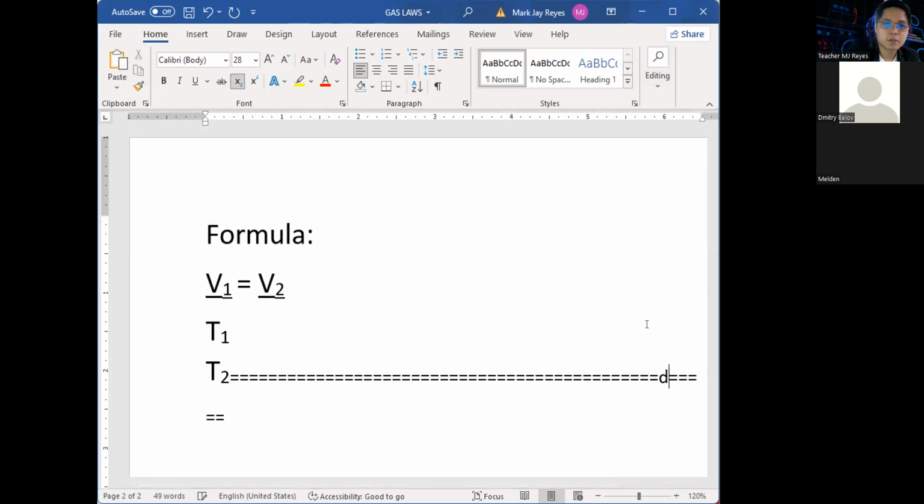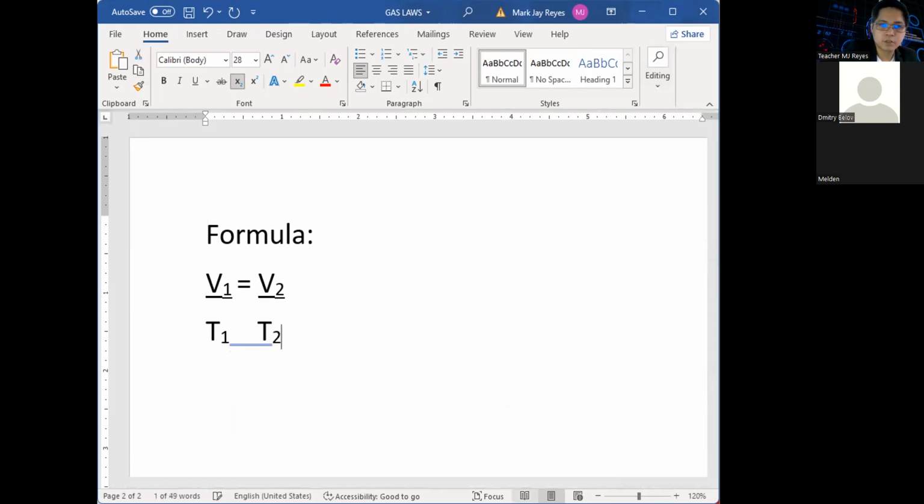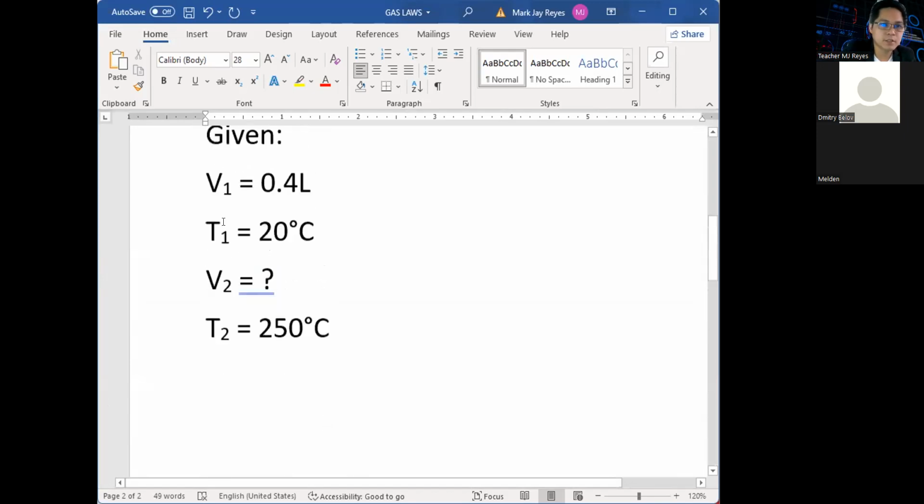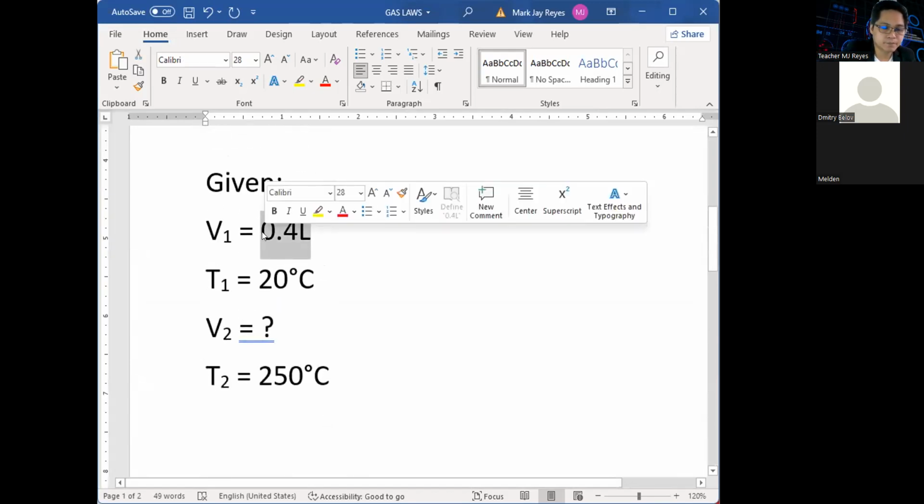The formula is V1 over T1 is equal to V2 over T2. So let's substitute now. According to the given, we have V1, which is 0.4 liters.